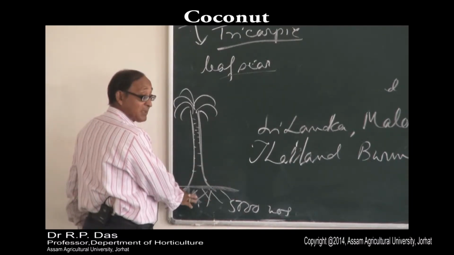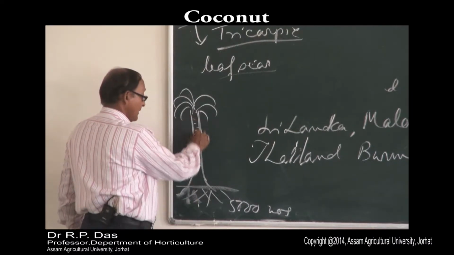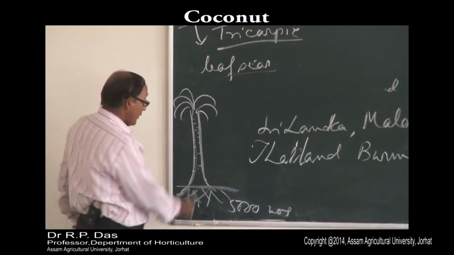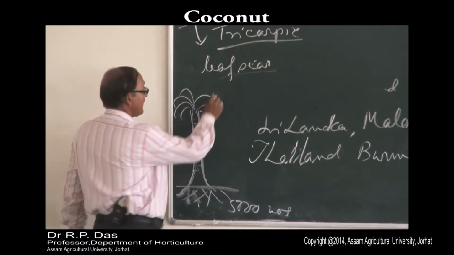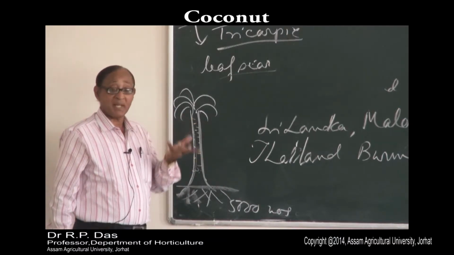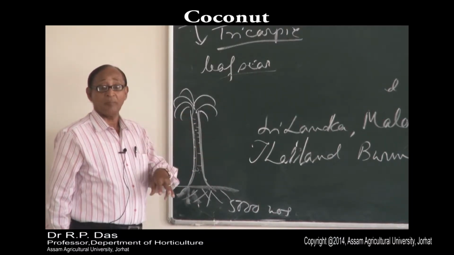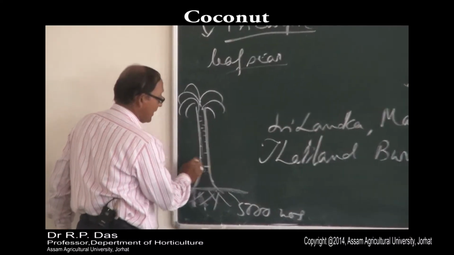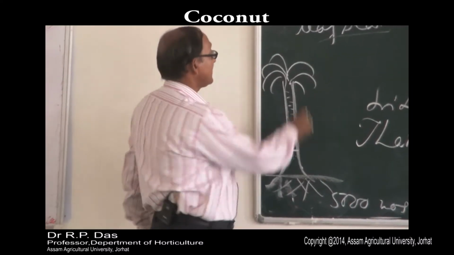So, this is a monocotyledonous plant with adventitious roots and an unbranched, erect, cylindrical, compact stem full of leaf scars. That means when the leaf matures, dries up and drops off, it leaves a semicircular sign on the stem, that is known as a leaf scar.